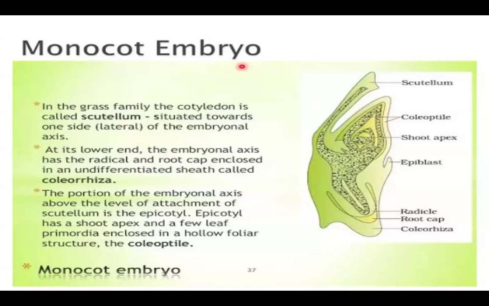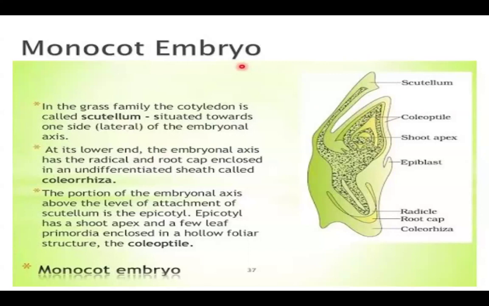Now in a monocot embryo, in the grass family, the cotyledon is called the scutellum, which is situated towards one side, lateral to the embryonal axis. At the lower end, the embryonal axis has a radicle and root cap enclosed in an undifferentiated sheath called the coleorhiza.